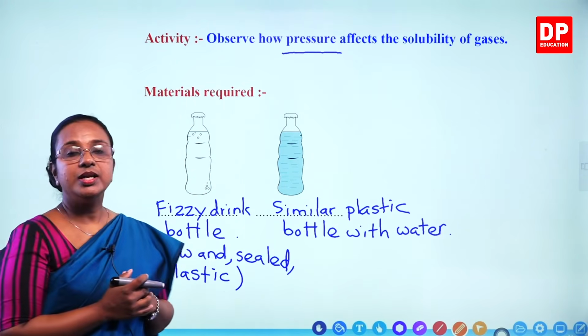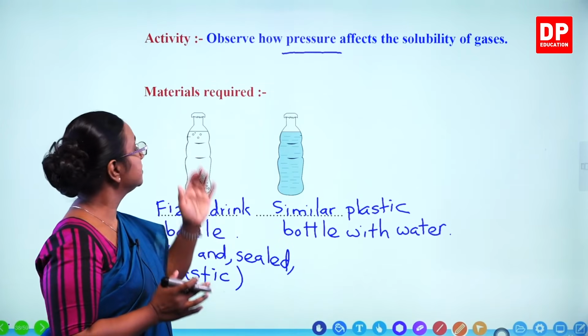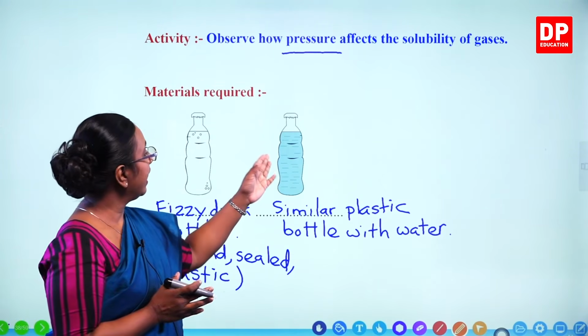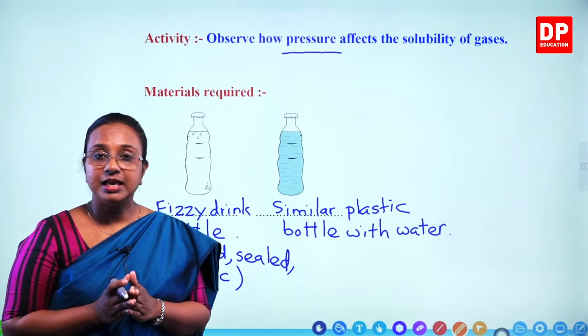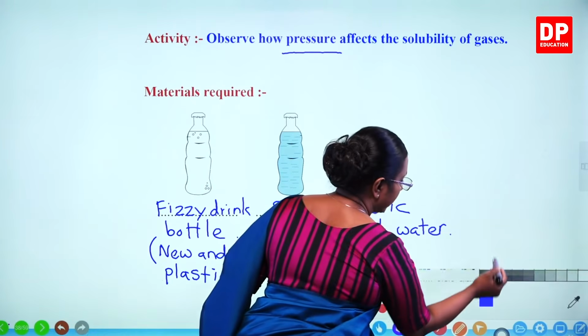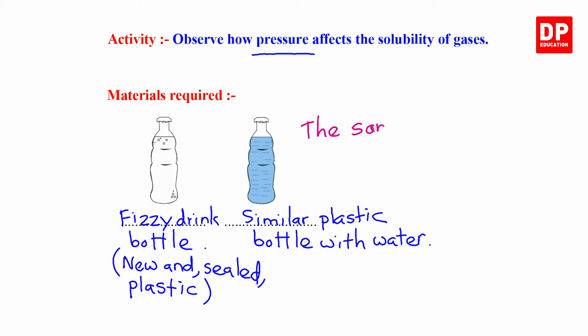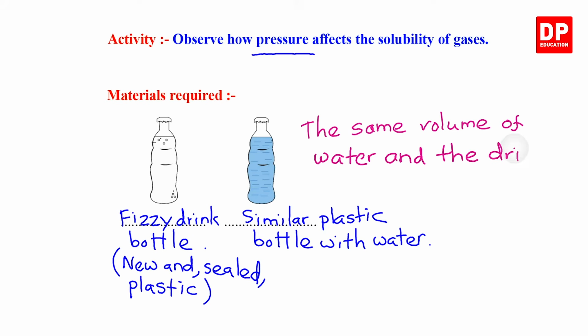So what are we going to do here? We take the two bottles. One is the sealed bottle of fizzy drink, and this is a bottle containing the same volume of water. Here we make sure that we have the same volume of water and the fizzy drink.